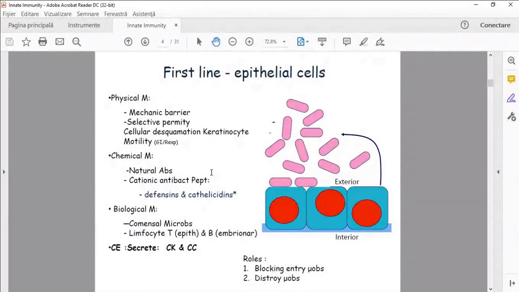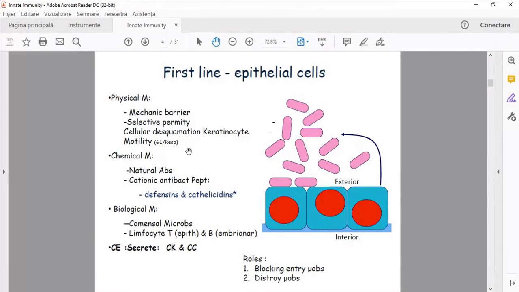Another group of substances involved in first-line protection are collectins, which include surfactant protein A and D, and also mannose-binding lectin, which is able to recognize mannose residues on some bacteria, triggering in this way the complement system.